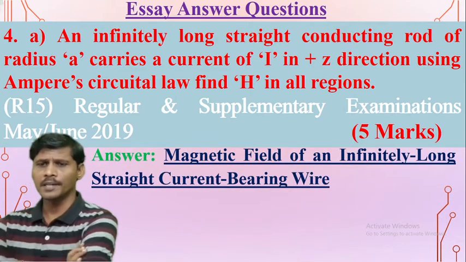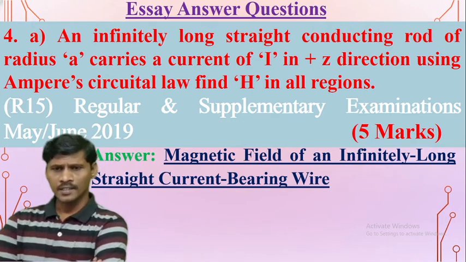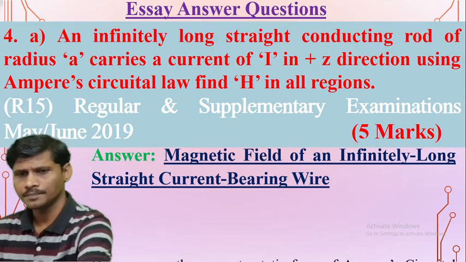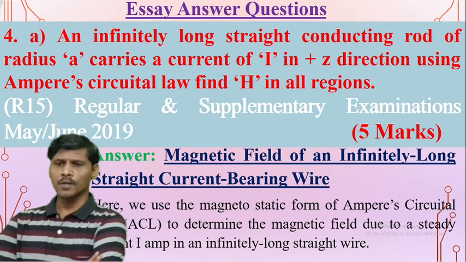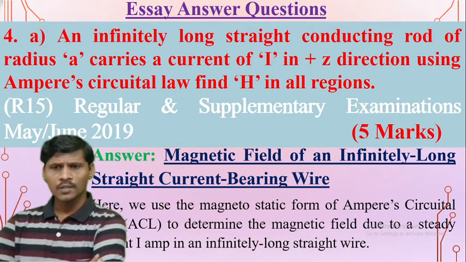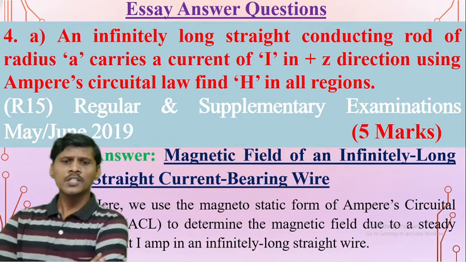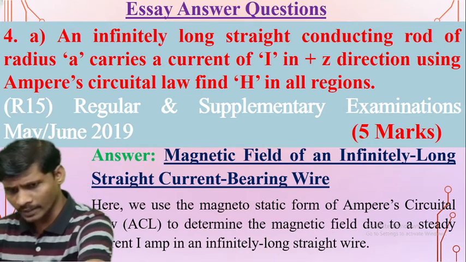The magnetic field intensity due to an infinitely long straight conductor wire. Here we use the magnetostatic form of Ampere circuit law, to determine magnetic field intensity due to a steady current I amperes in an infinitely long straight wire.